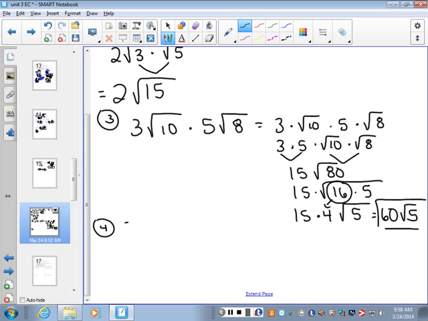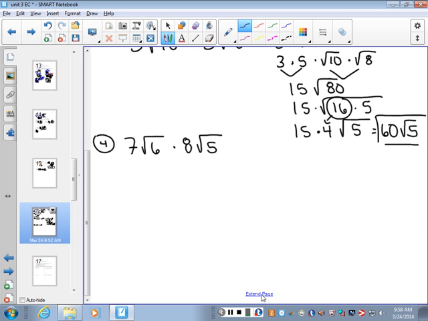So how about 7 square root of 6 times 8 square root of 5. What do you think I can multiply together there? And if you understand this, the start of 10.5 is nothing. It's just distributing, where you just say, what can I multiply together here? So what do you think I can multiply together here? 7 and 8.